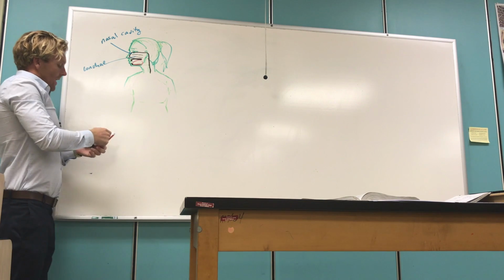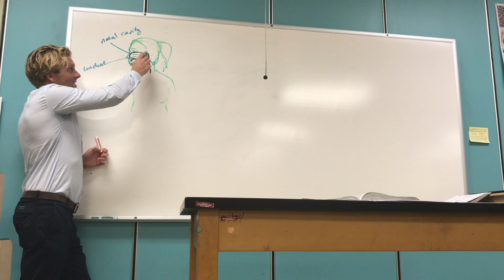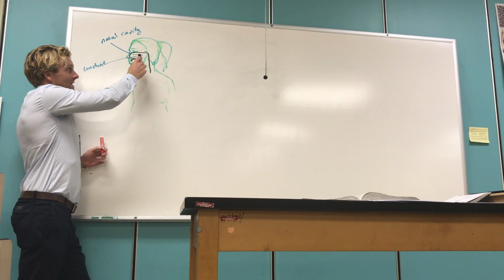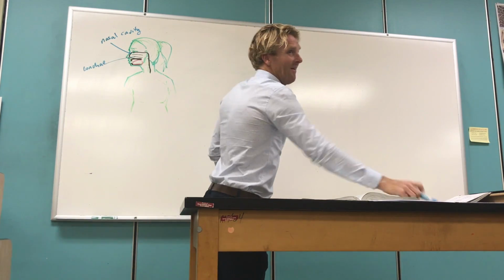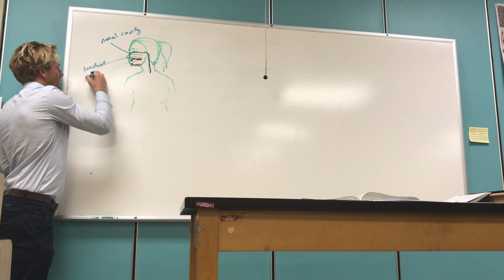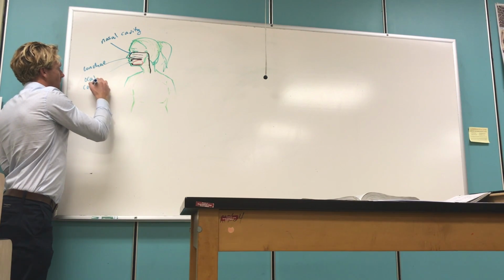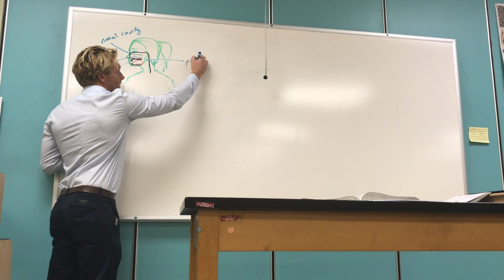Now, you'll notice that there's a muscular tube that lies behind the throat, and it connects the nasal cavity to the oral cavity. This muscular tube is called the pharynx. Let me label this as the oral cavity. And this area right here is the pharynx.